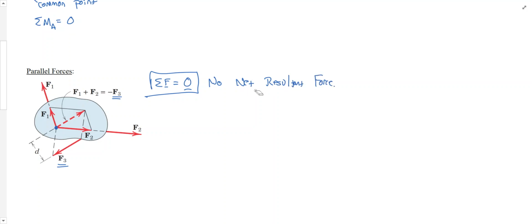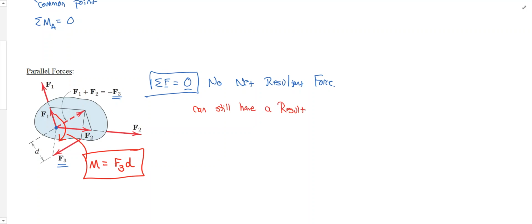But just because there's no net resultant force does not mean that there is no net resultant moment, because the F1 plus F2 producing minus F3, and then F3 separated by a moment arm here, would have a resultant moment, M, that's equal to F3 times D. So you can still have a resultant moment, even if there's no resultant force.